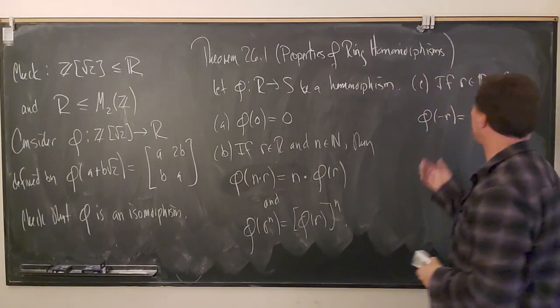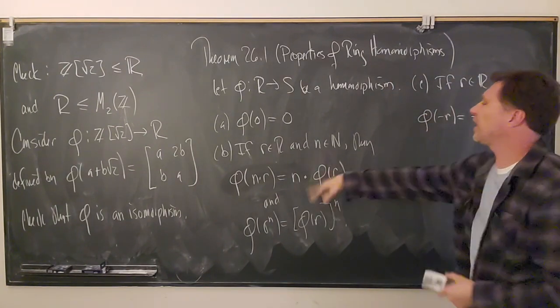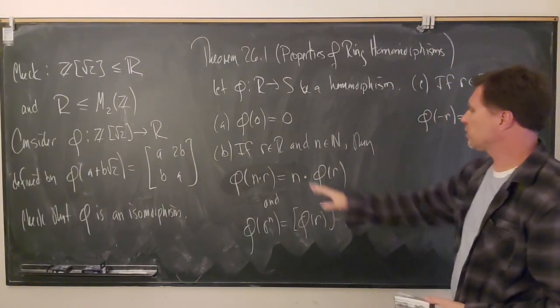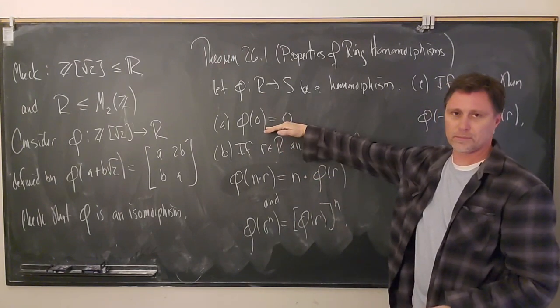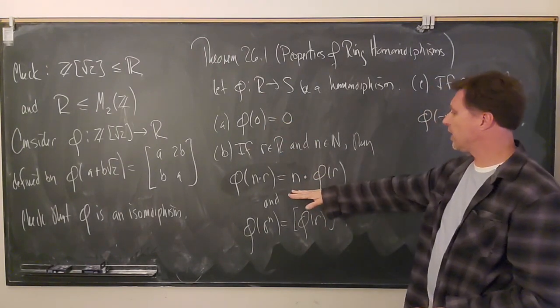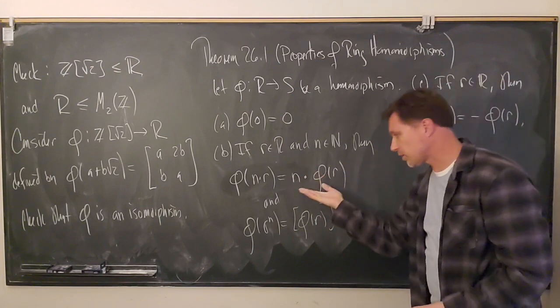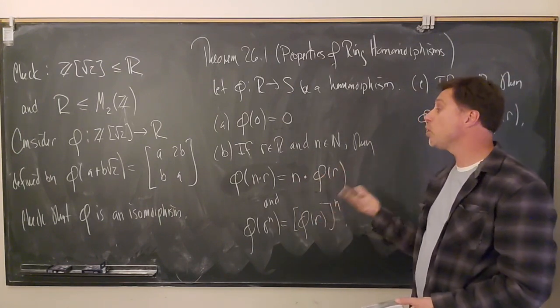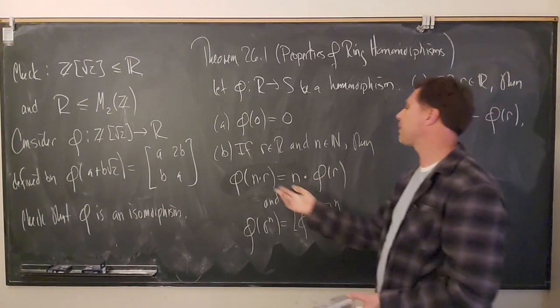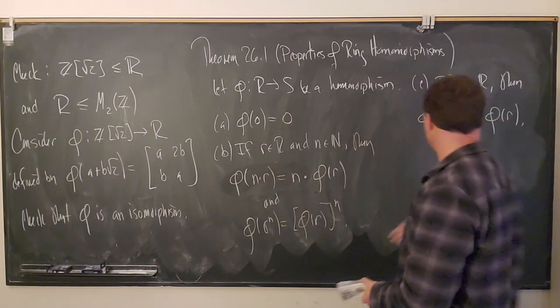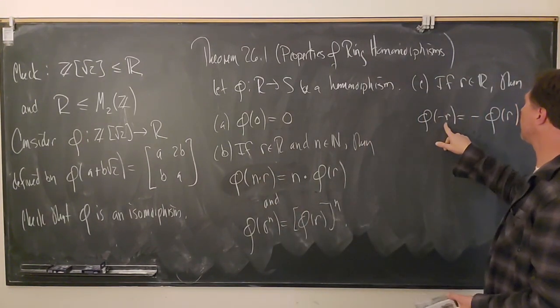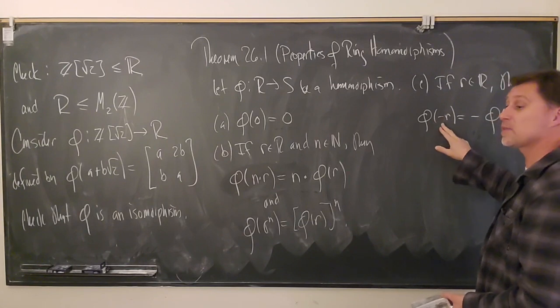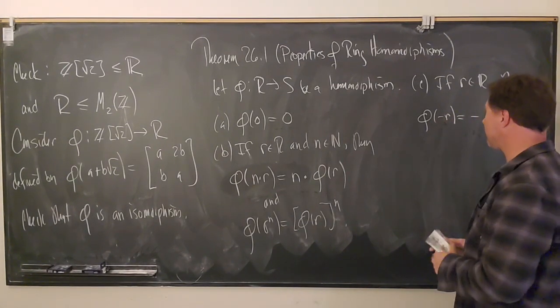So what does that say? I'm kind of jumping around here. Part B is saying that homomorphisms do what they're supposed to do with respect to applying the operation multiple times. Part C tells us that homomorphisms take additive inverses to additive inverses.